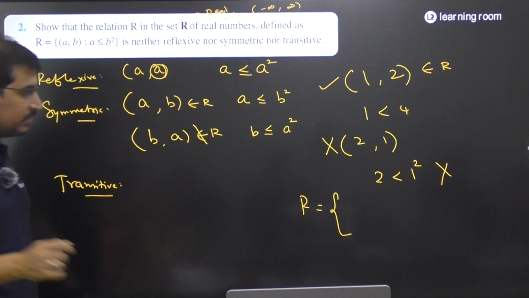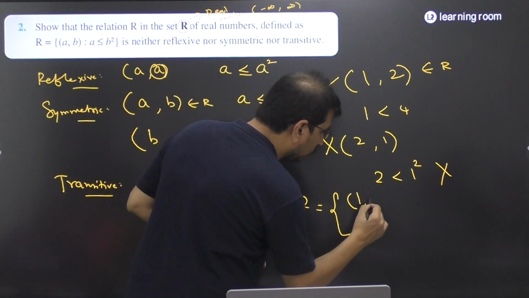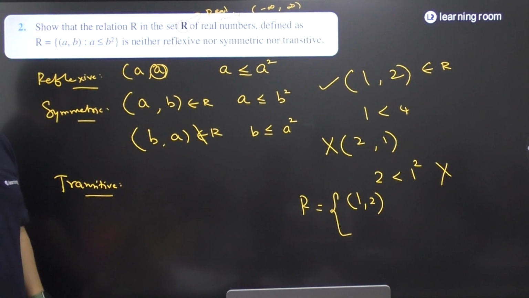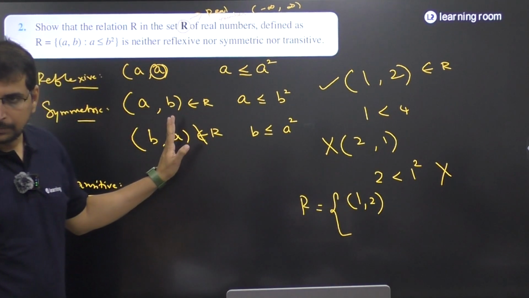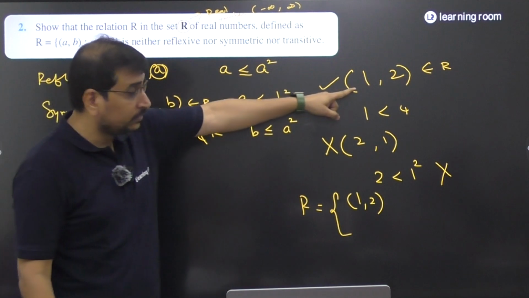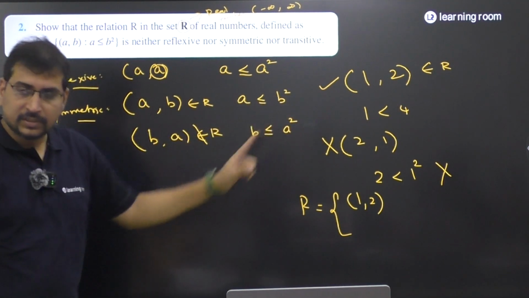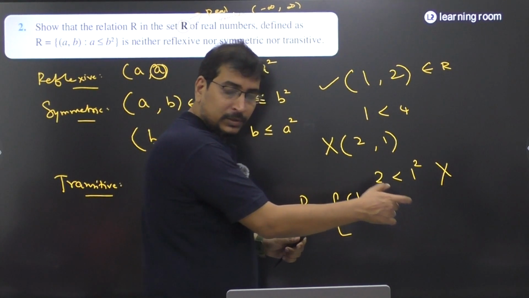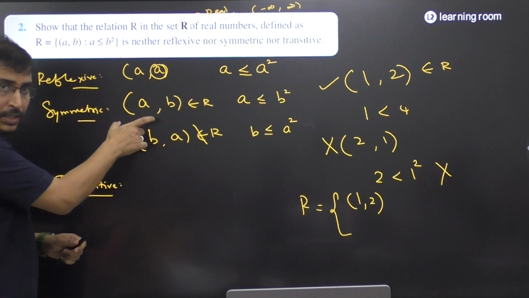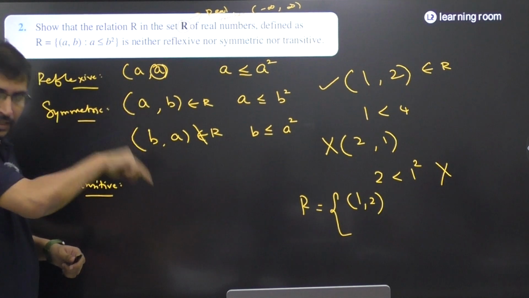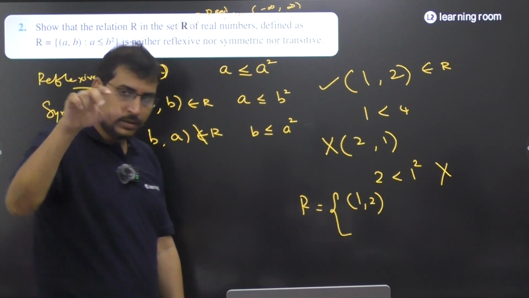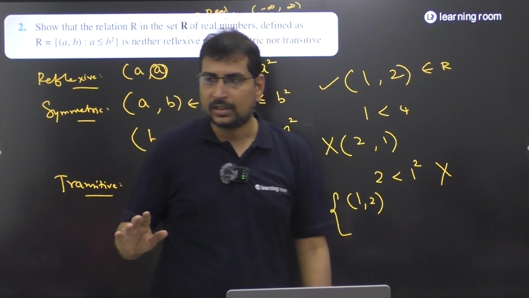Among which, can I say (1, 2) is one such ordered pair which is a part of this relation. 1, 2 is satisfying, but is (2, 1) satisfying? So for every such ordered pair which is satisfying the first condition, you should have a counterpart which is satisfying the second condition. You cannot conclude it as symmetric just because one is satisfying.